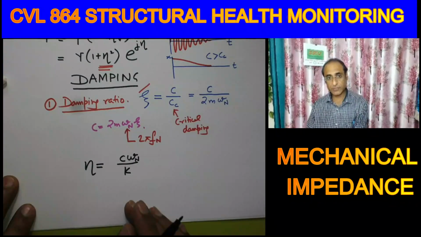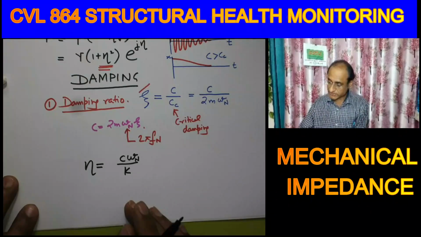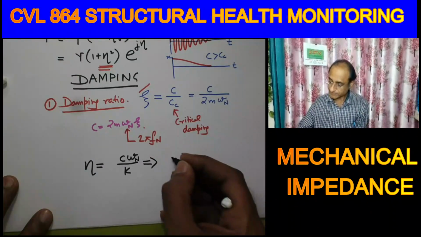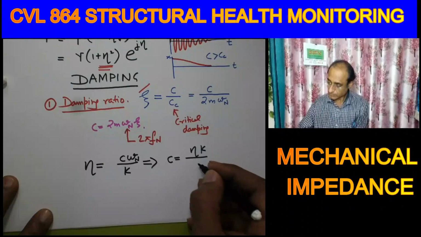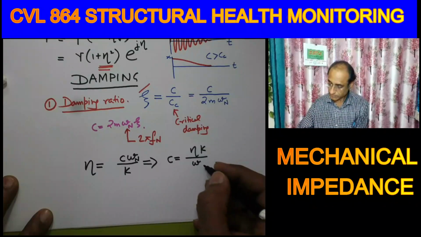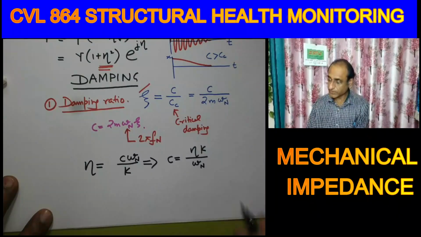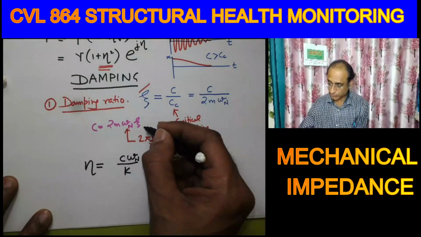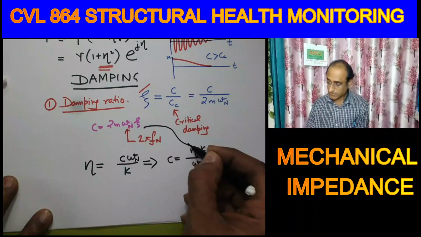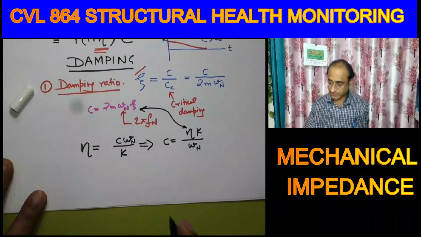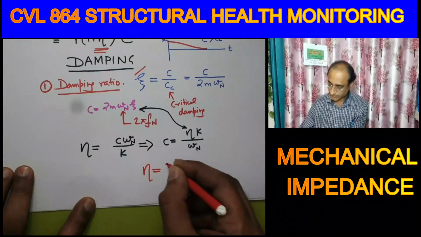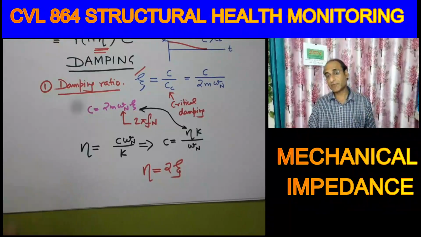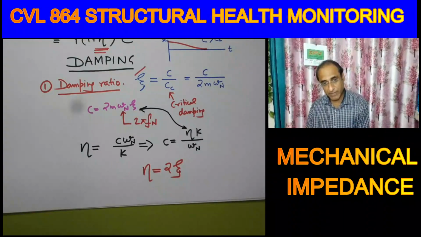So by this comparison, if you equate C from both equations, we have two expressions for C, and by equating the two you will get the relation that eta is 2 times psi. So that is the relationship between mechanical loss factor and the damping ratio.